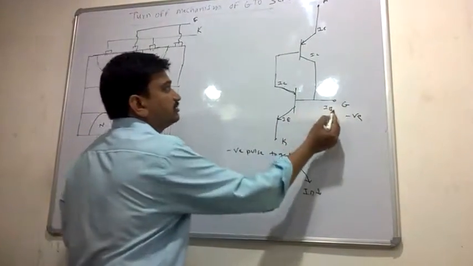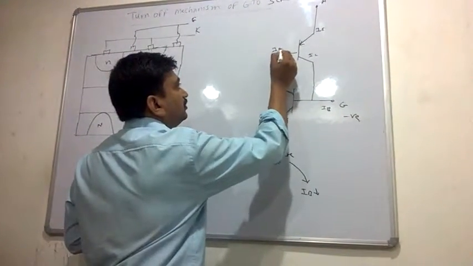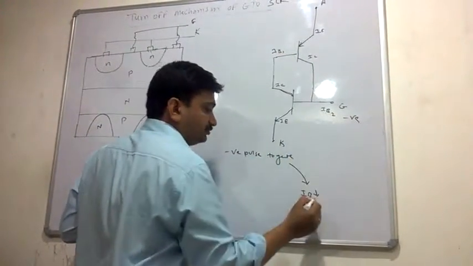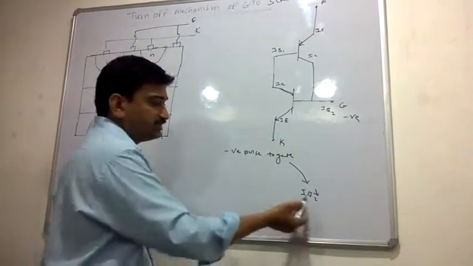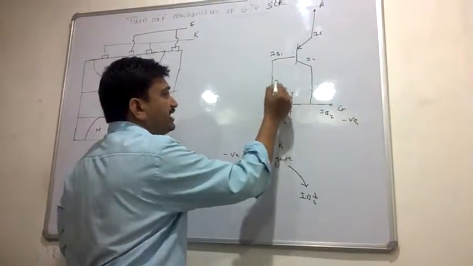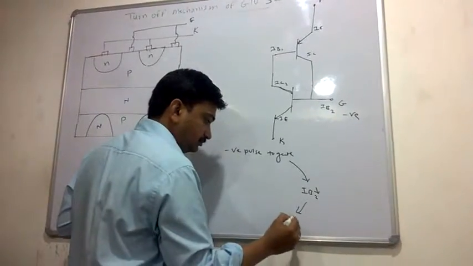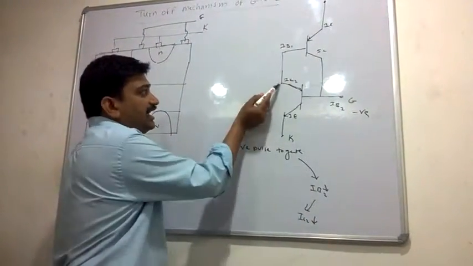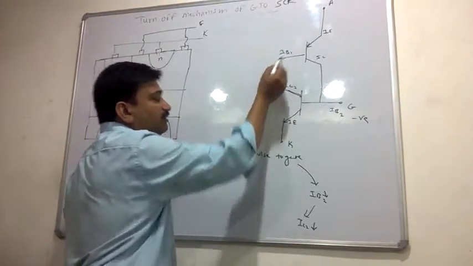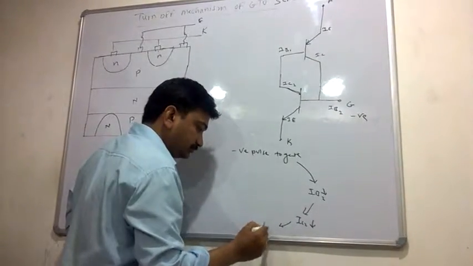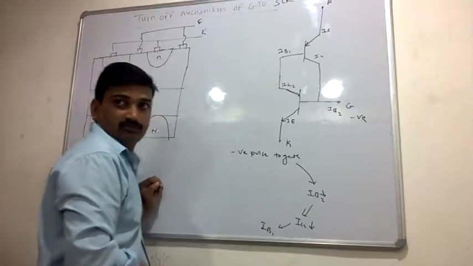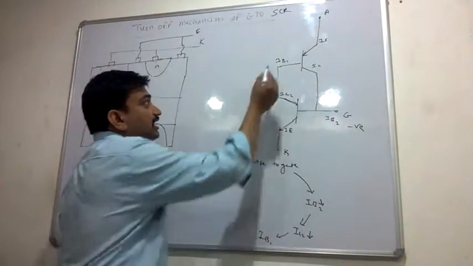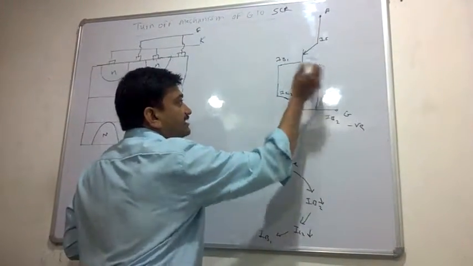Suppose this is IB1, this is IB2. It reduces IB2, so that's why IC2 reduces. As IC2 decreases, IB1 decreases. As IB1 decreases, IC1 decreases.